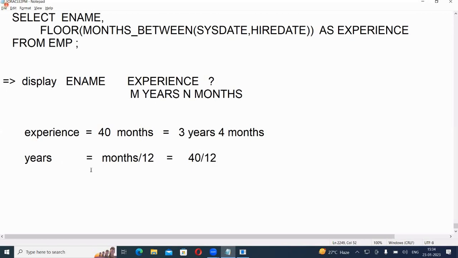Don't take the something, take 3. Then floor. Floor of months by 12.